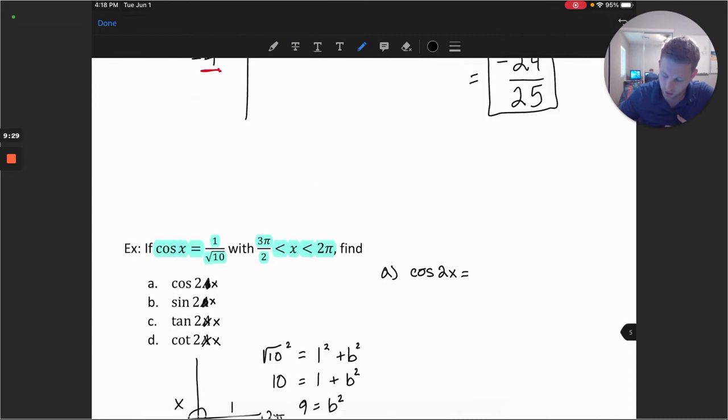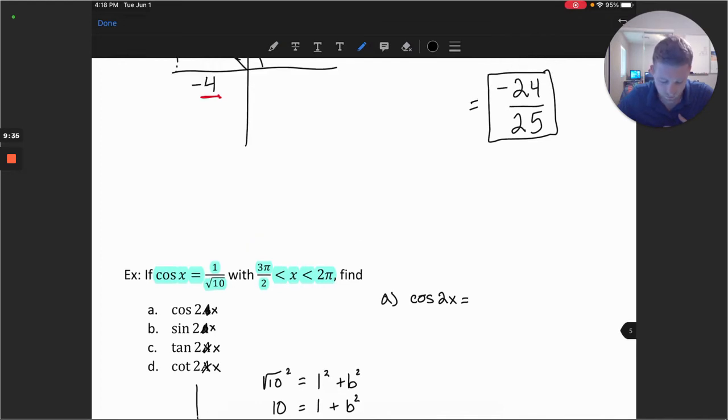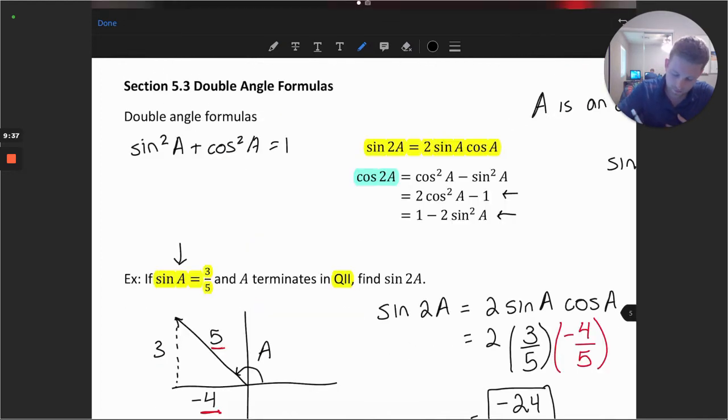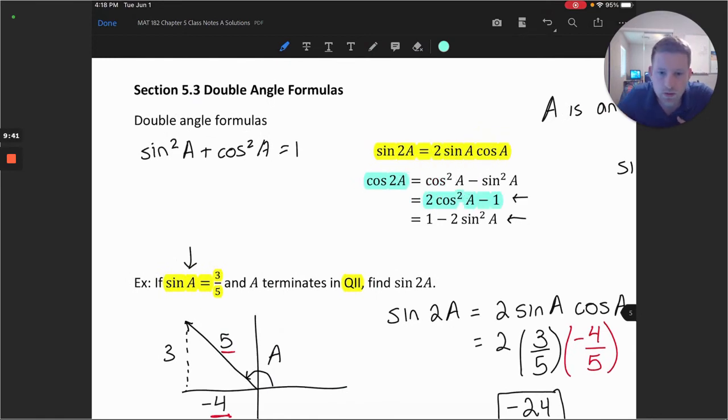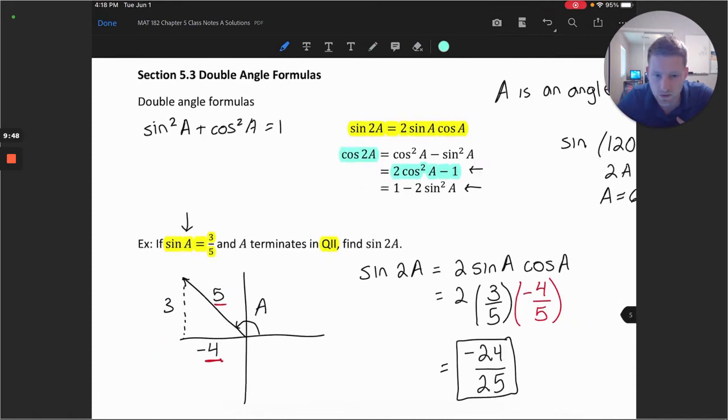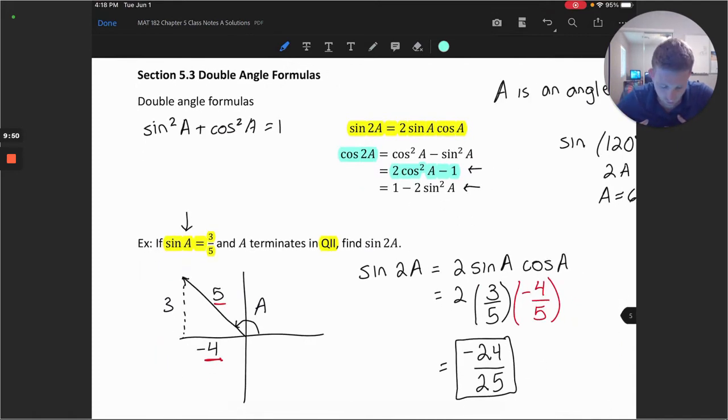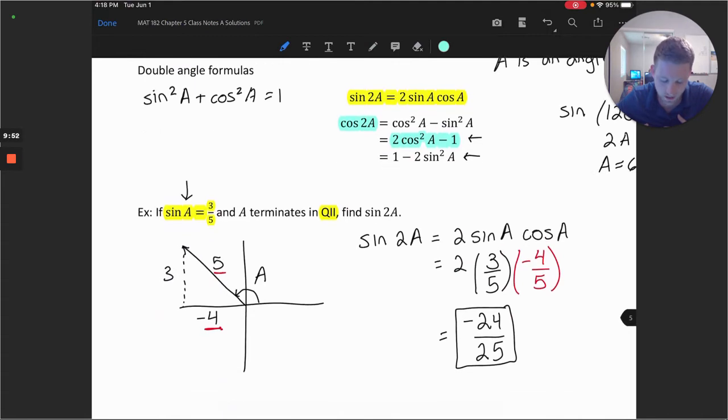We already know what cosine of x is, so it'd be nice to actually use that information to our advantage. So if we take a look, the formula that uses the cosine is this one, 2 cosine squared a minus 1. So we'll use this just in terms of x to solve our problem. So 2 cosine squared x minus 1.